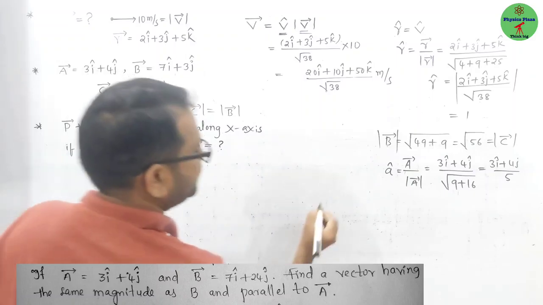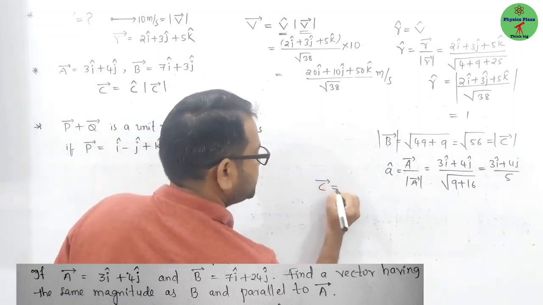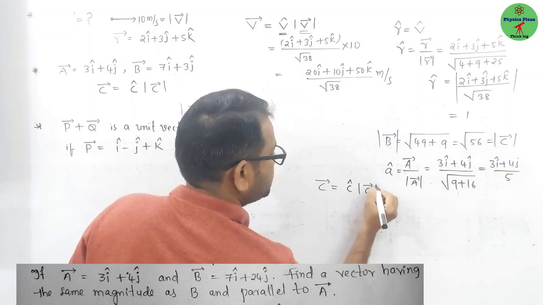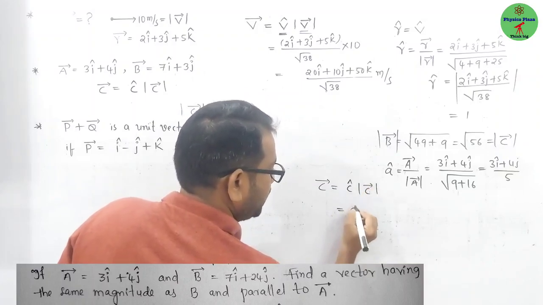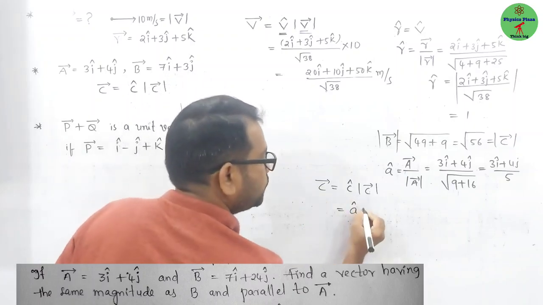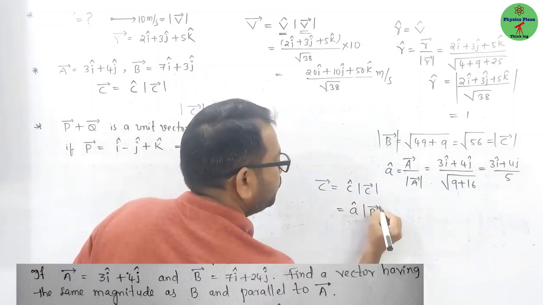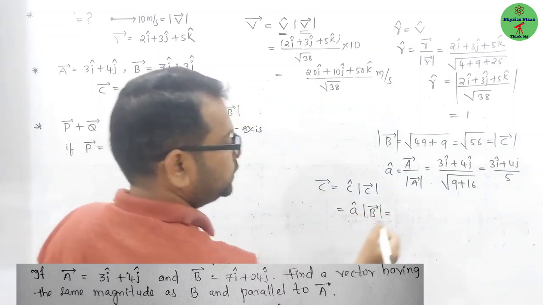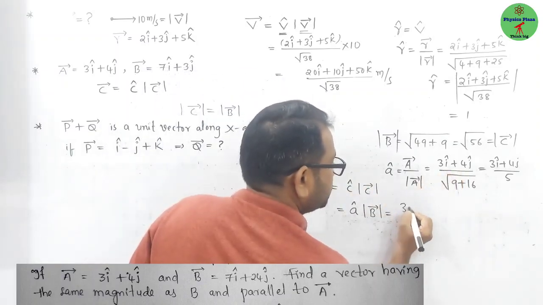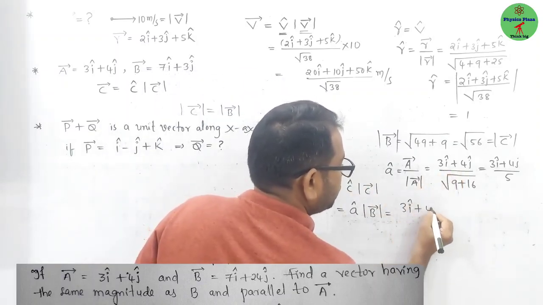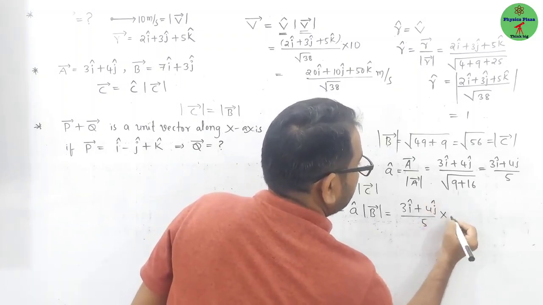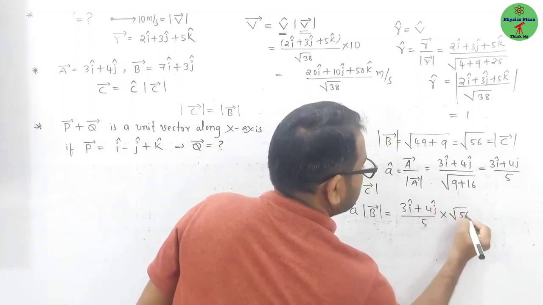So we have to represent it like this. Vector C is equal to its unit vector into the magnitude of C. So this is going to be A cap, because both being parallel means the unit vector is in the same direction, and the magnitude is that of vector B. You multiply now. So the unit vector is 3i cap plus 4j cap by 5, into root 56.